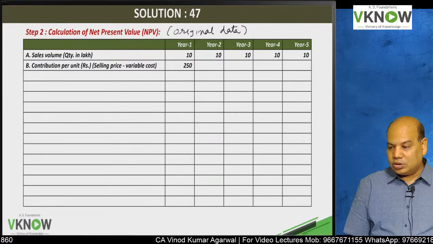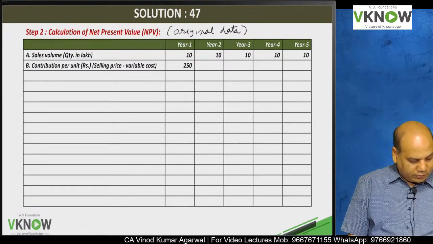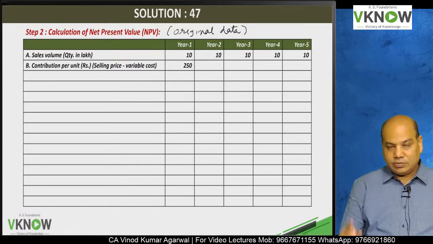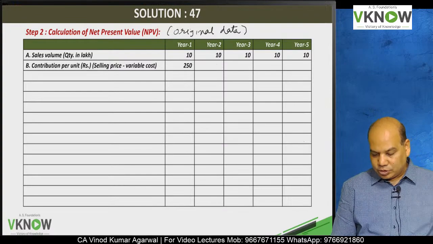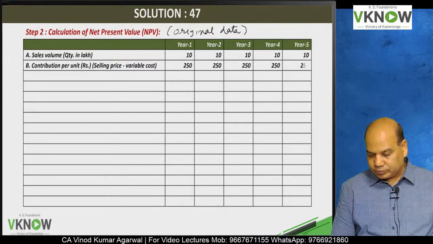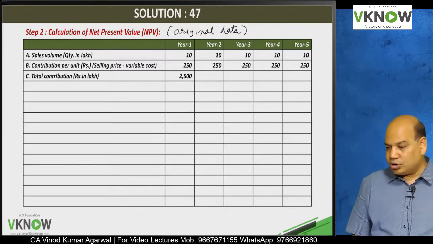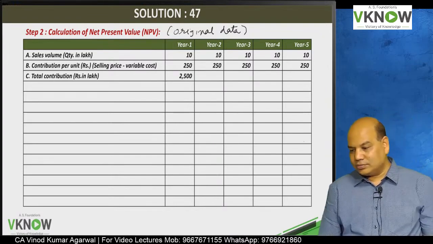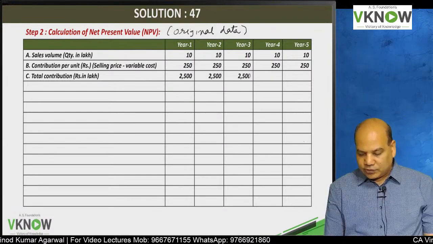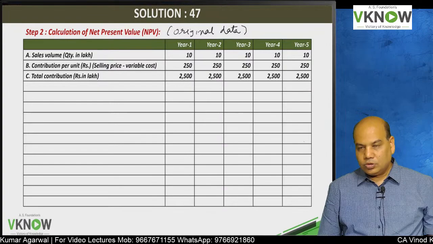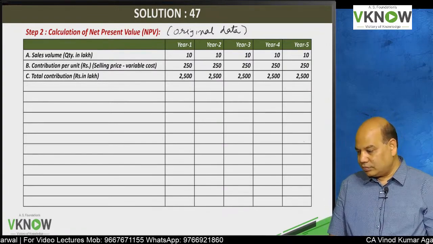Contribution per unit in the original question, selling price is 500, variable cost is 50%. So can I say 500 minus 50%, 250? Do you agree with this 250? Total contribution rupees in lakhs, 2500, 5 times.